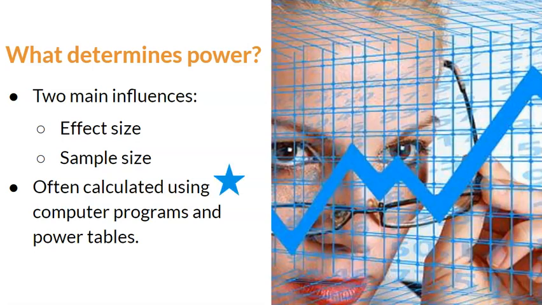For this course, though, students will not calculate statistical power. Rather, I want students to understand the importance of statistical power in hypothesis testing. If you plan to take future higher level statistics courses, you will then learn how to conduct a power analysis.